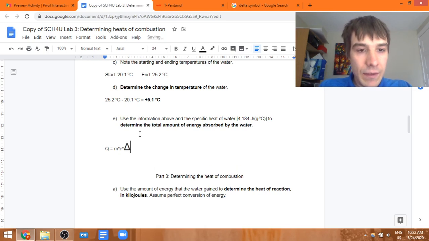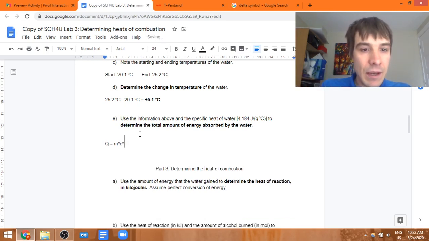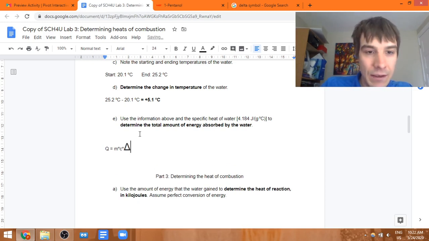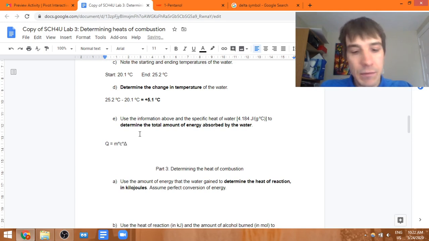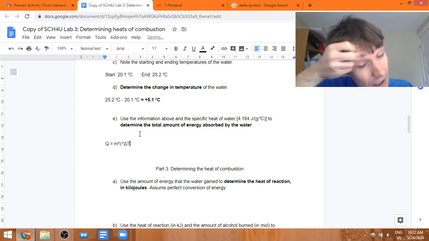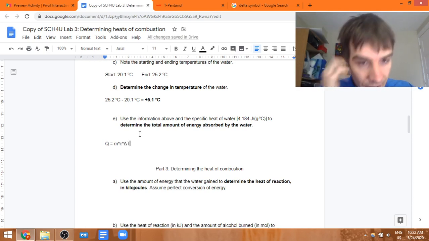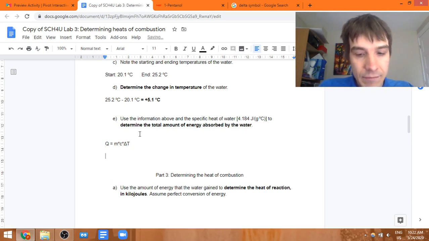Now, if you press Control V, it becomes too big. But Control Shift V gives you the normal one. Delta T, mc delta T.